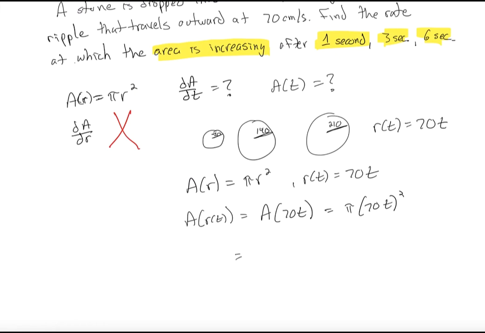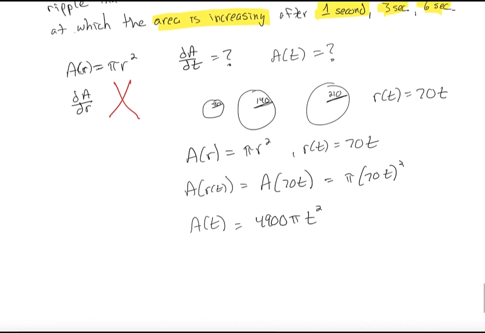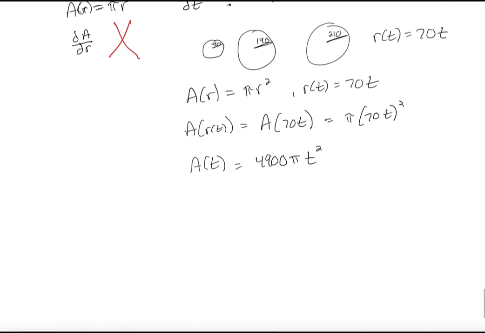Now I'll simplify that expression and get 4900 pi times t squared. So now that we have area as a function of time, we can find dA/dt. What is the derivative of A with respect to time? I'm just going to pull the constant out, take the derivative of t squared to get 2t, and then I get 9800 pi times t as my derivative.